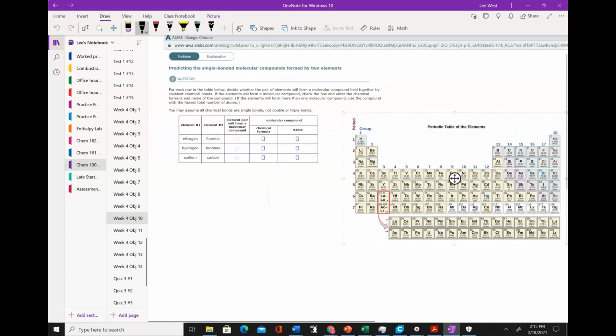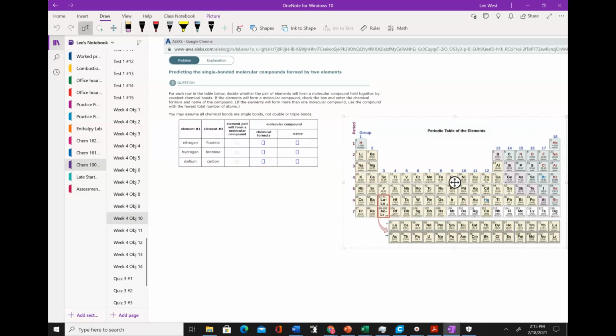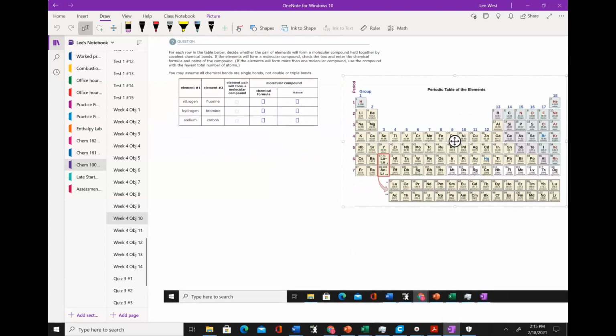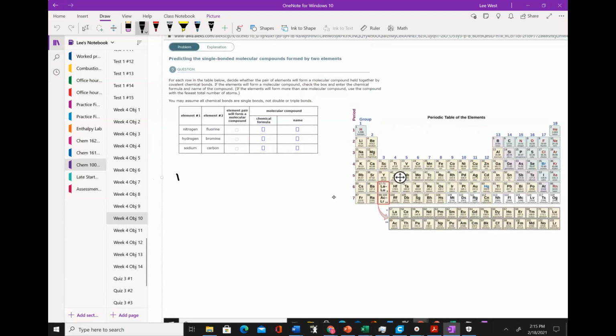Okay, so now it says predicting the single bonded molecular compounds formed by 2 elements. So when 2 nonmetals come together, they're going to form a molecule. So a molecular compound forms between 2 nonmetals, and it can even be 2 nonmetals of the same type of atom, like 2 hydrogen atoms, for example.